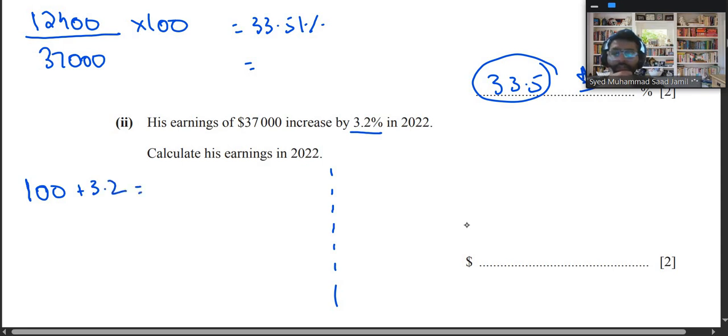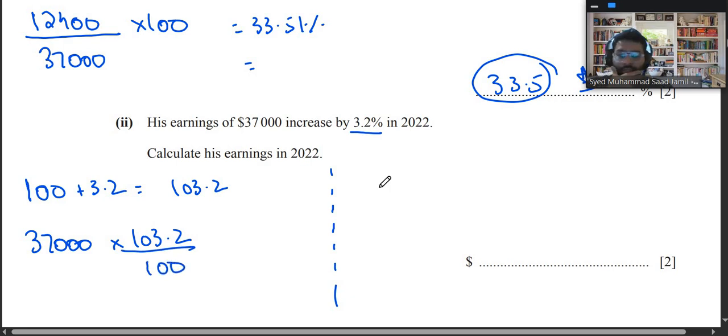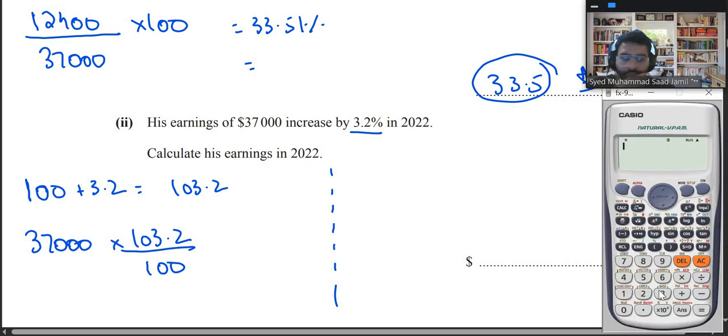This becomes 103.2. 37,000 multiply by 103.2 and then divide it with 100. His earning is 38,184.